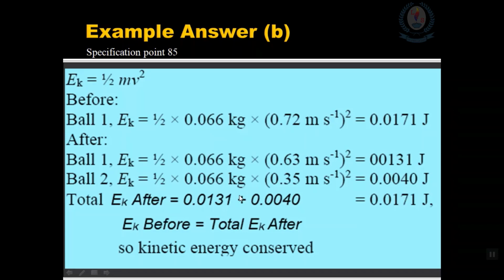Did I resolve? No, that is because they are scalars. So I see nicely that 0.0171 joules is equal to 0.0171 joules after collision. So we say total kinetic energy before equals total kinetic energy after, so kinetic energy is conserved.